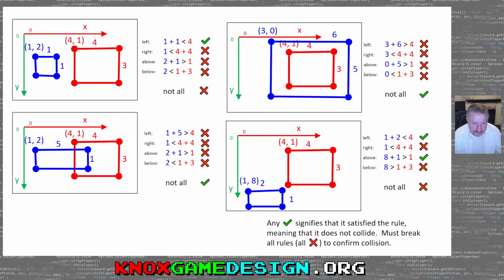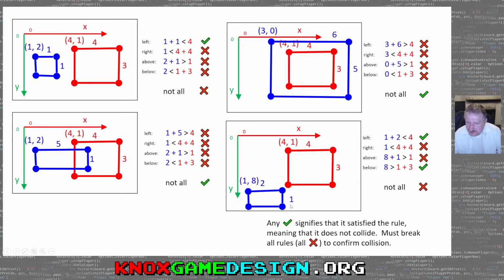It's colliding on the left side of the first rectangle. So we check to see if it's completely to the left. No. Is it completely to the right? No. Is it completely above? No. Is it completely below? No. Since it's all no's, it means they do collide.